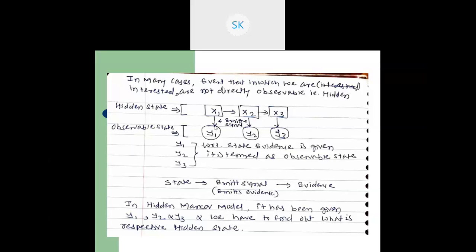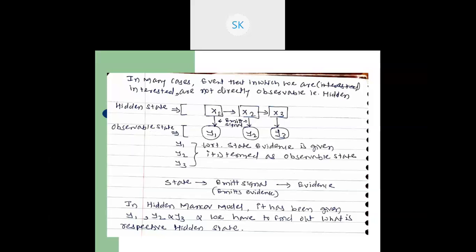These emissions we write as y1 from x1, y2 from x2, and y3 from x3. These y1, y2, y3 are the observations. With respect to the state, the evidence is given, and it is termed an observable state. So x1, x2, x3 are hidden states, and the observable states are y1, y2, and y3.